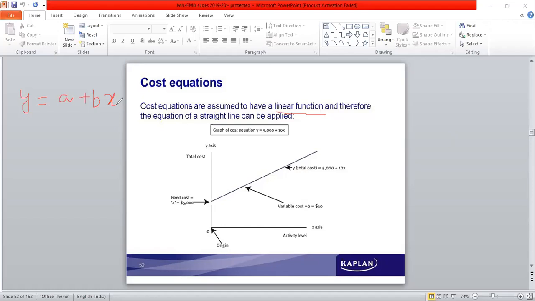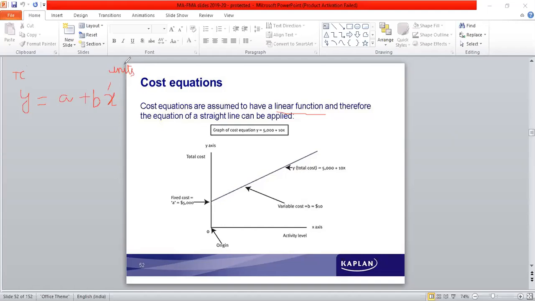So x is an independent variable, the number of units or the activity level. y is the total cost. If the number of units is known, then the total cost can be calculated.